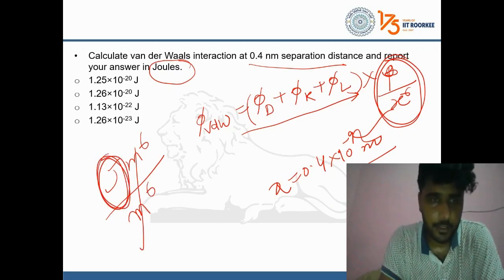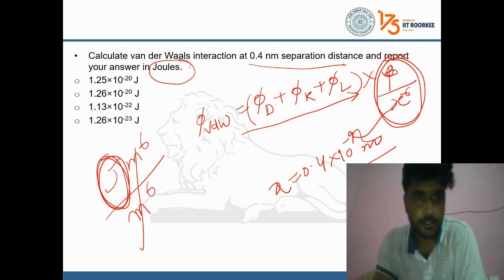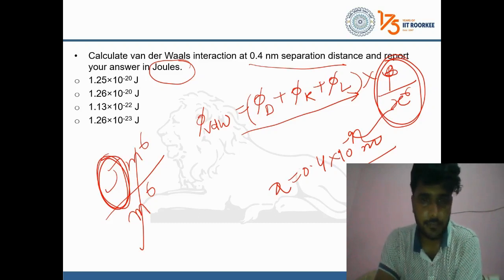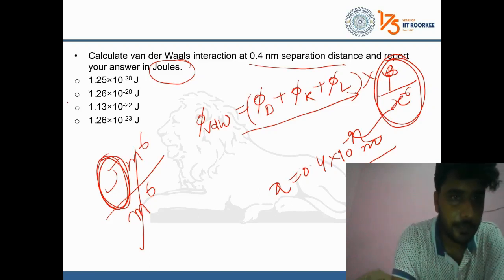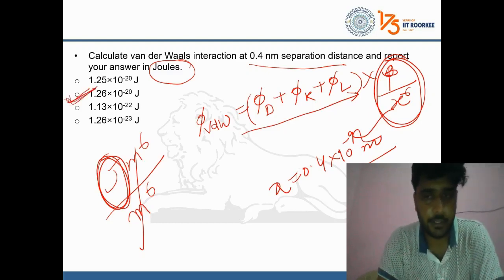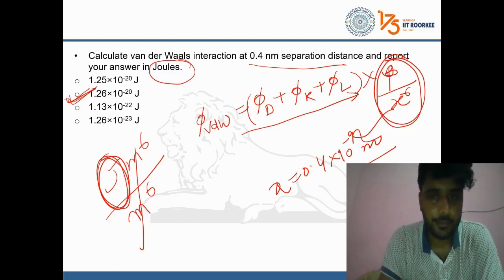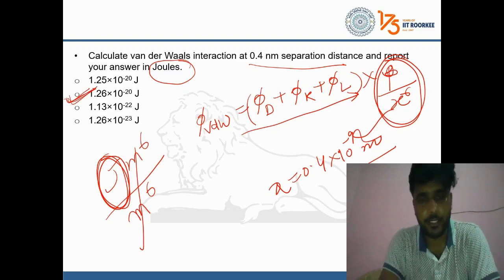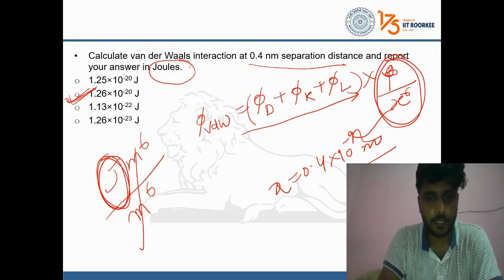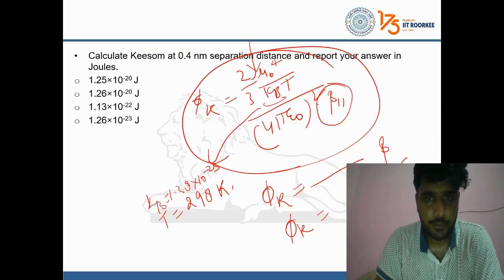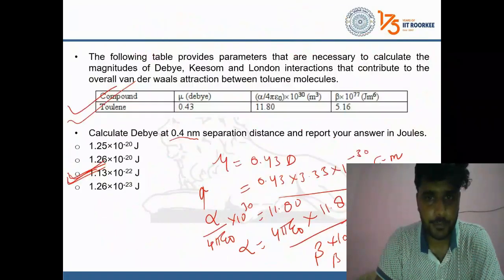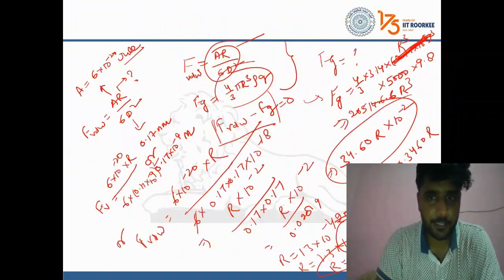I think that will be very clear now. This will be the right answer, as I have already solved. I will provide the detailed solution also. I will put up the summary of this question. This is a very important question.